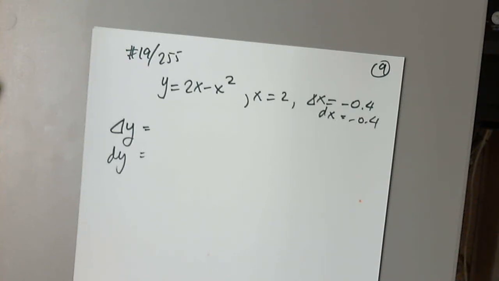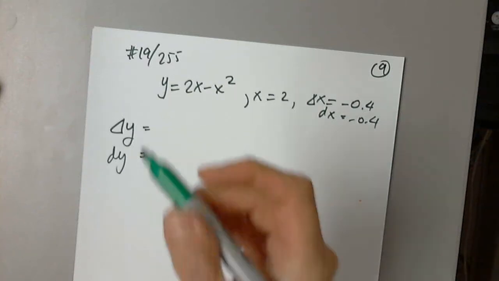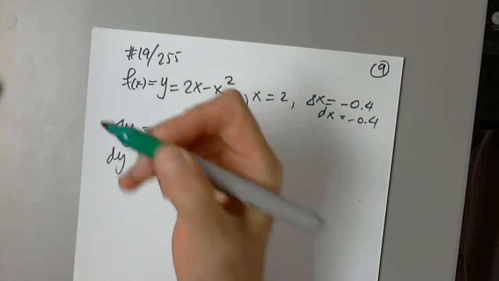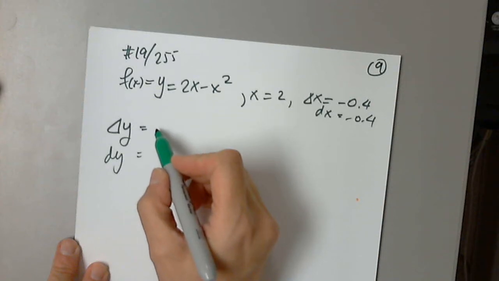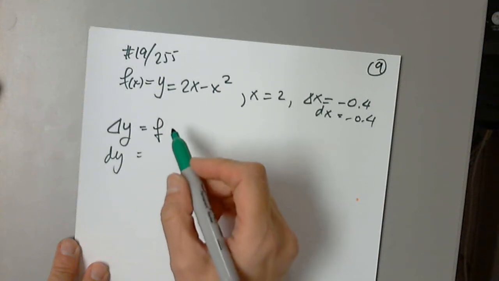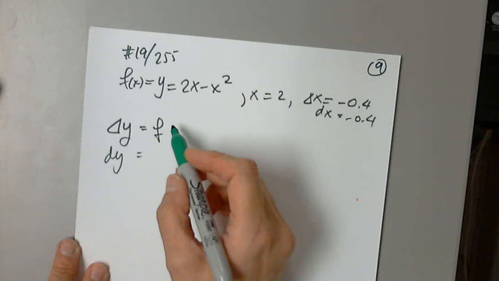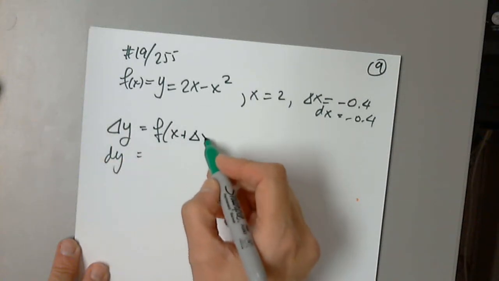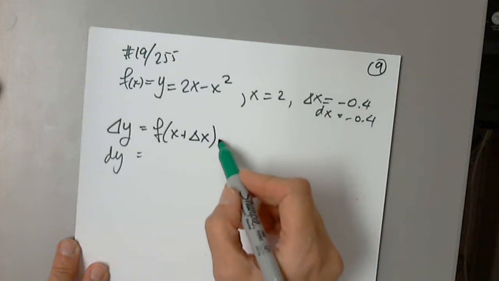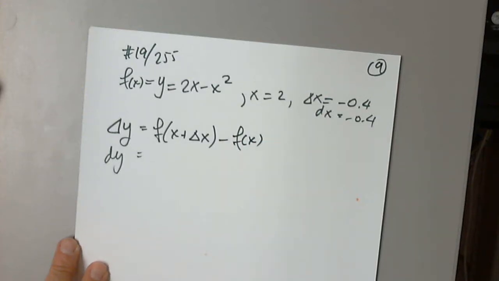So what is the definition for delta y? Assuming that I call this f of x, what will you say? f of x plus delta x minus f of x. Since I have delta, I have to write delta x. They are the same, but that's the correct notation. And what is dy?